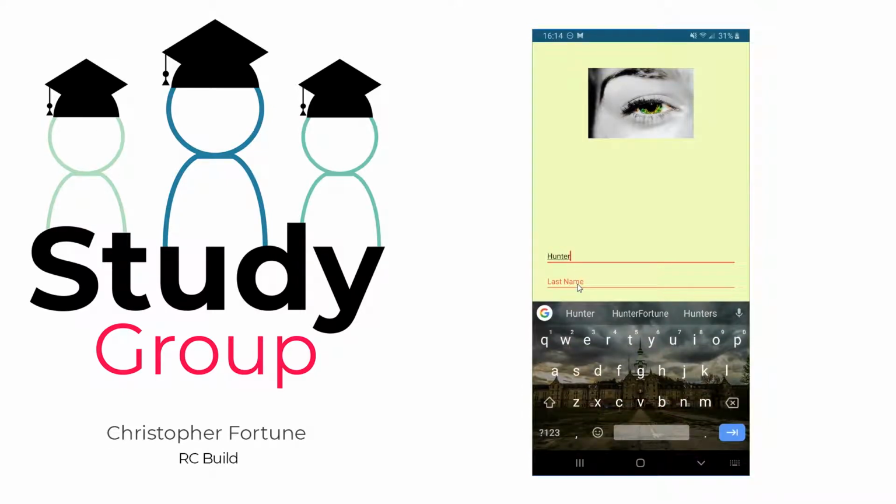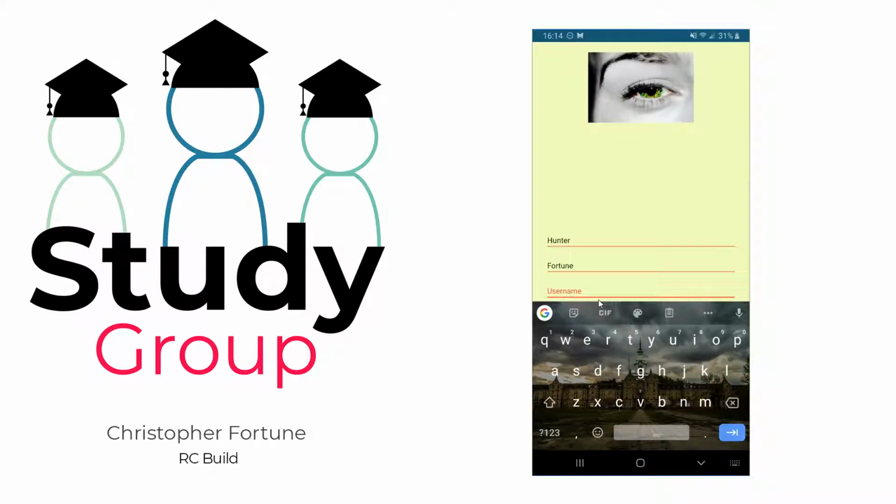So we'll say Hunter, last name, we'll say Fortune, username, let's say Hunter Fortune 97.